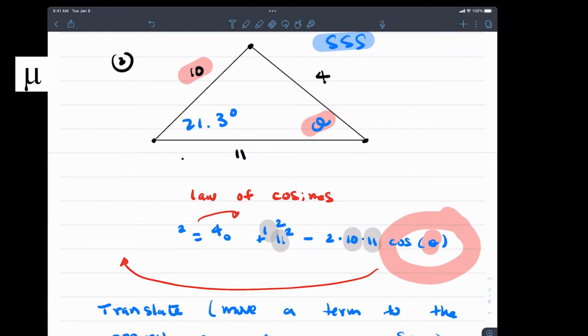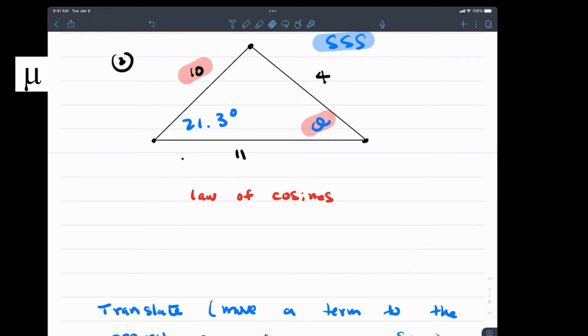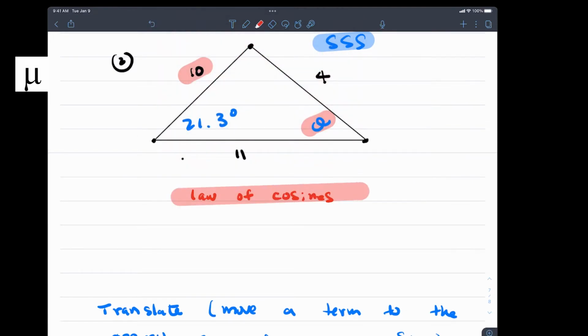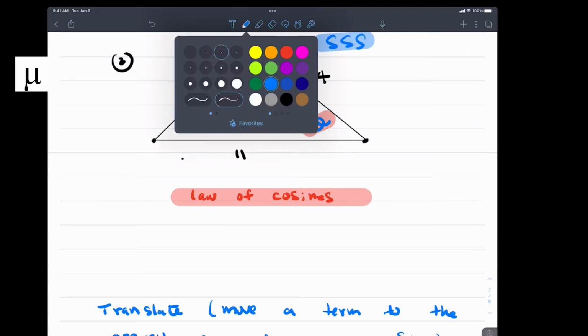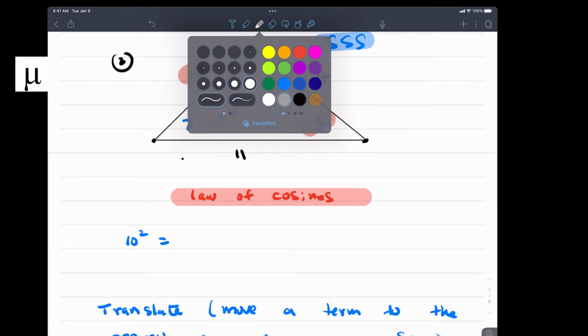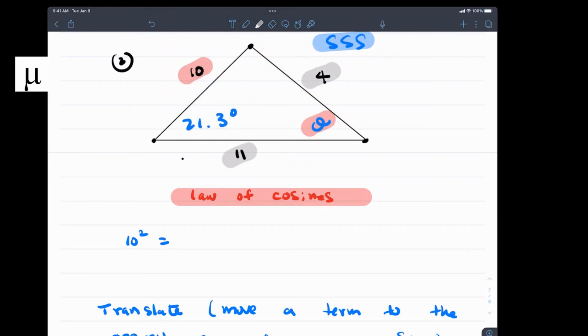So by law of cosines here we go. Here's what you got. 10 squared equals, remember how we do this? These are the other legs. Think of it like Pythagorean theorem, although it's not Pythagorean theorem.